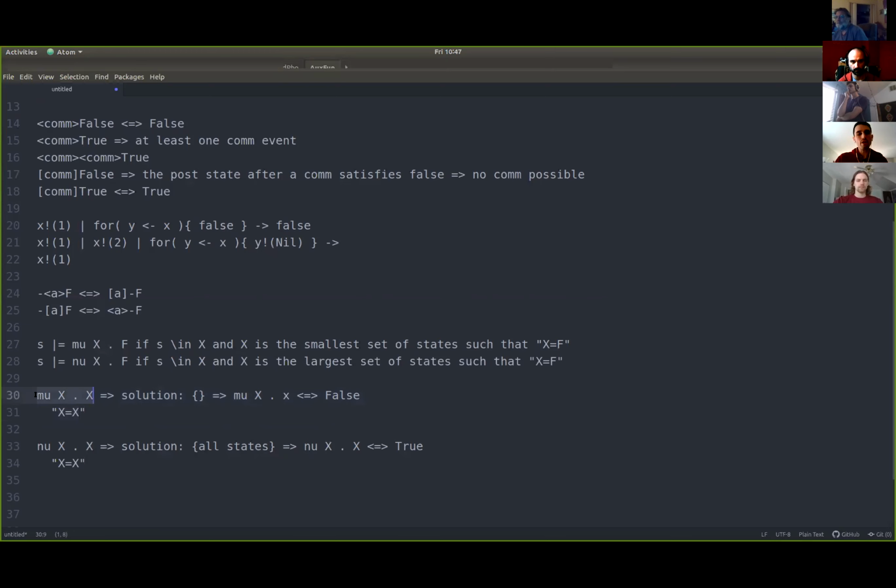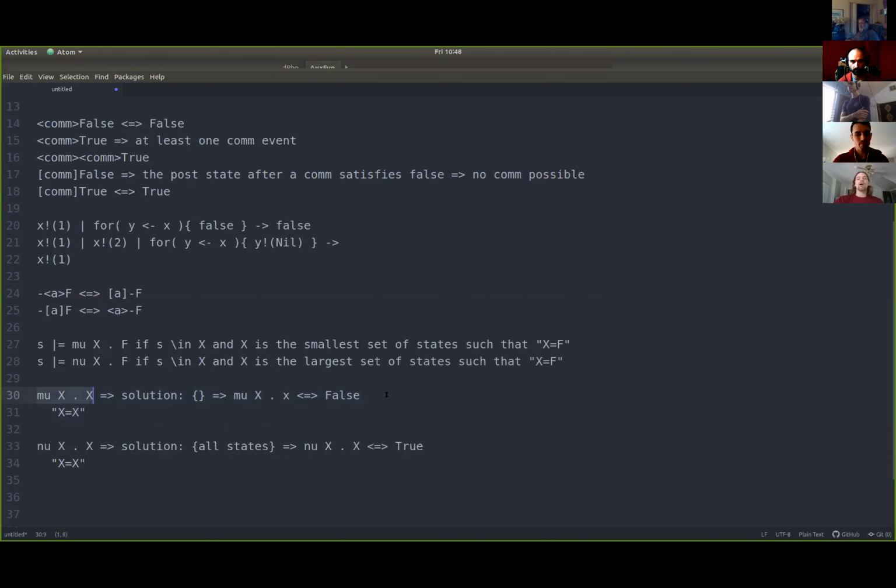And it's always true because we didn't even say what transition system we're thinking of when we get the solution to this is the empty set. So it actually turns out that this is completely equivalent to false. As a formula, this always has the empty set as the solution, but that's exactly the same as the formula false. Okay, that makes sense. We're kind of just translating formulas to sets of states.